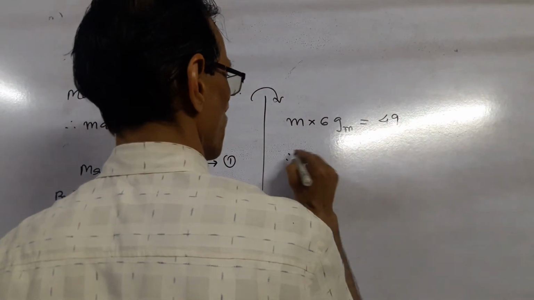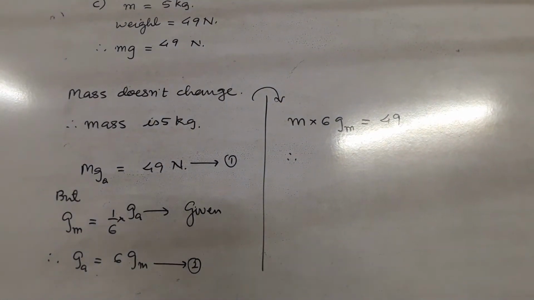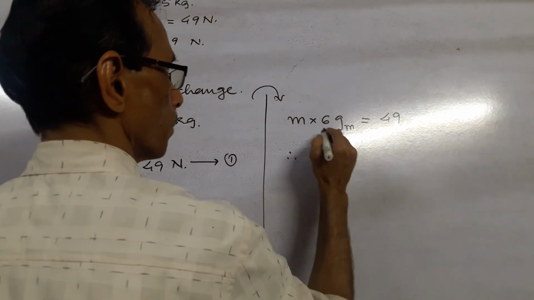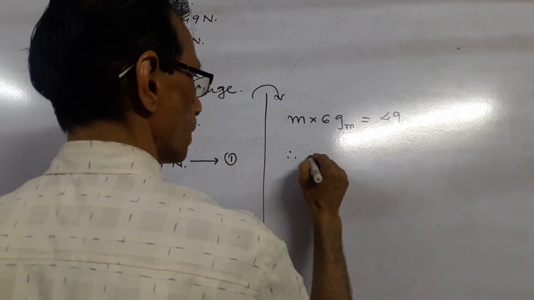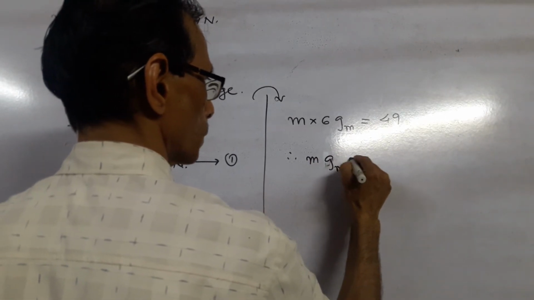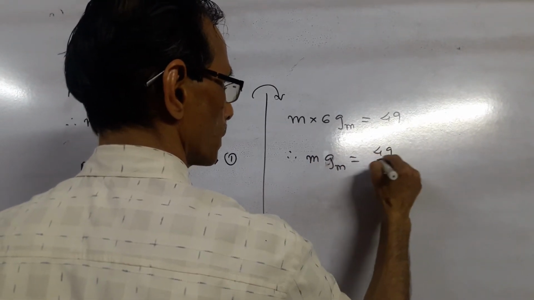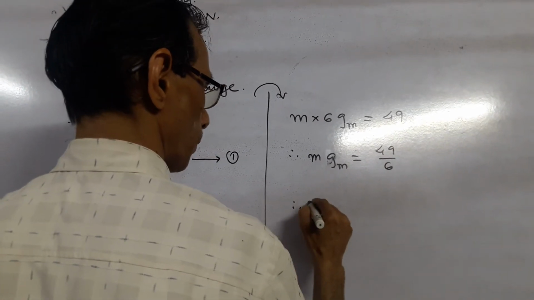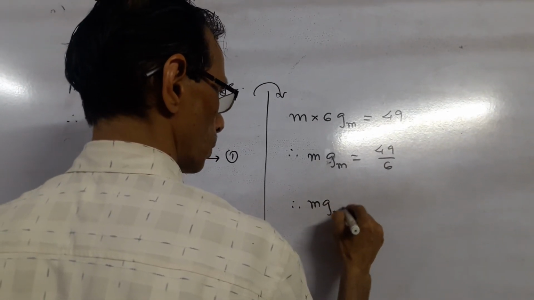And therefore the 6 will go to that side, so m into Gm is equal to 49 upon 6.